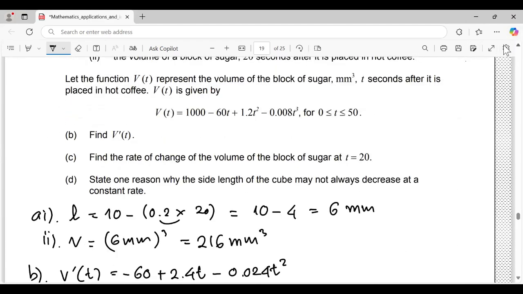What else? State one reason why the side length of the cube may not always decrease at a constant rate.